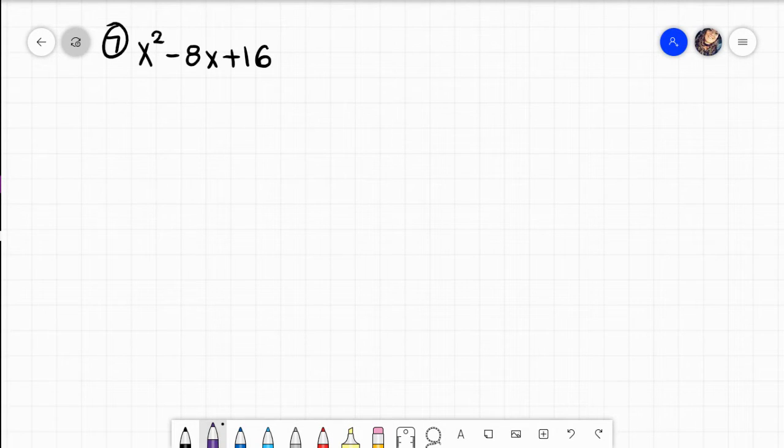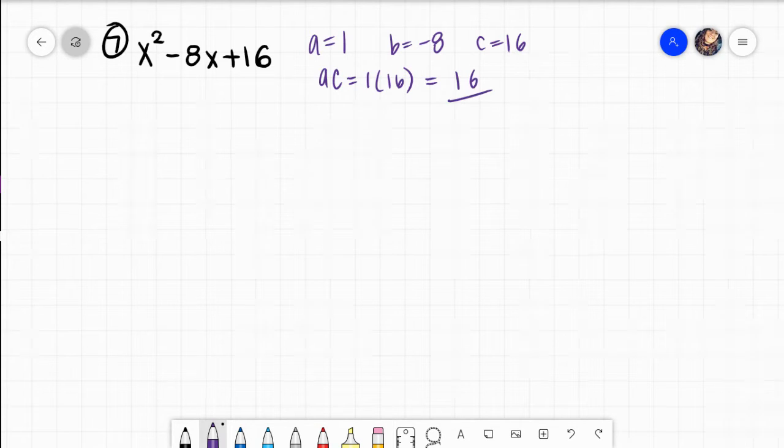So because this is a trinomial, my A is 1, my B is -8, my C is 16. A times C is 1 times 16, which is 16. Factors of 16: 1 and 16, 2 and 8, 4 and 4. I'm done, right?